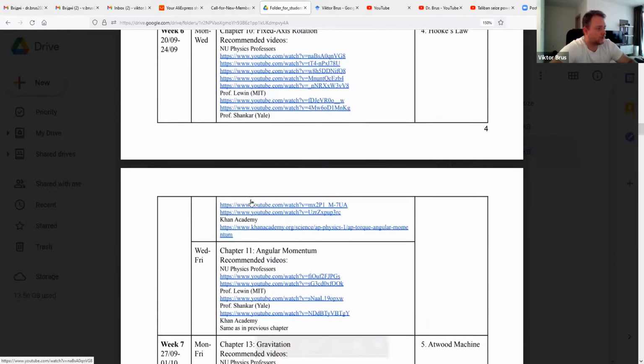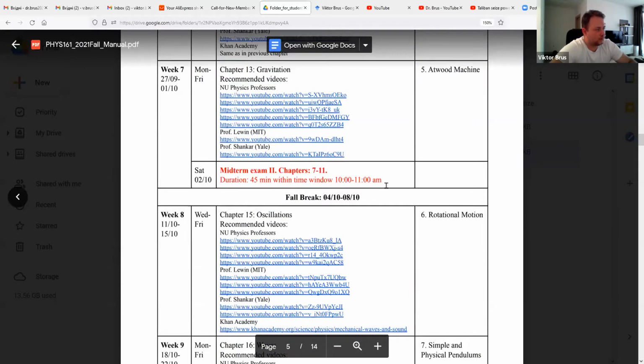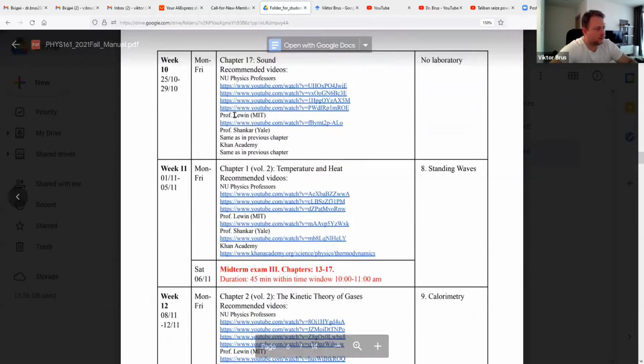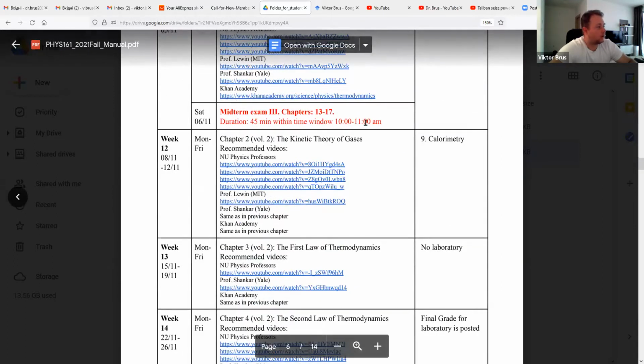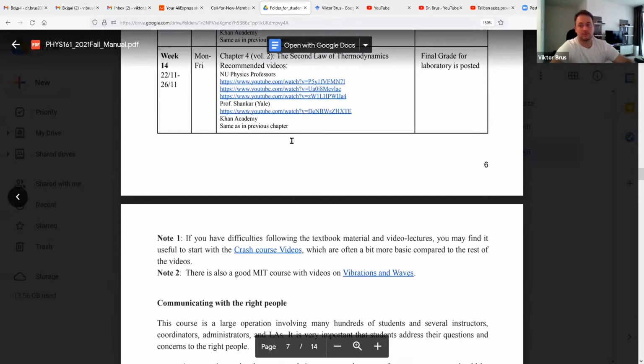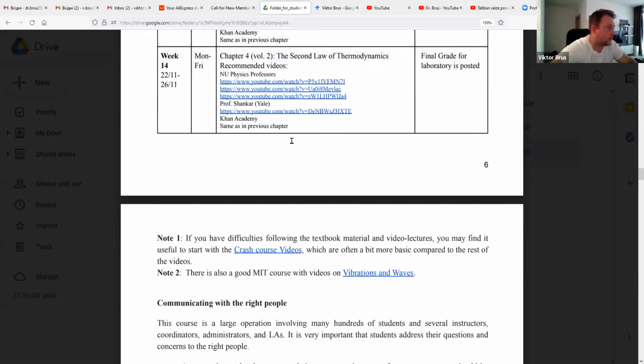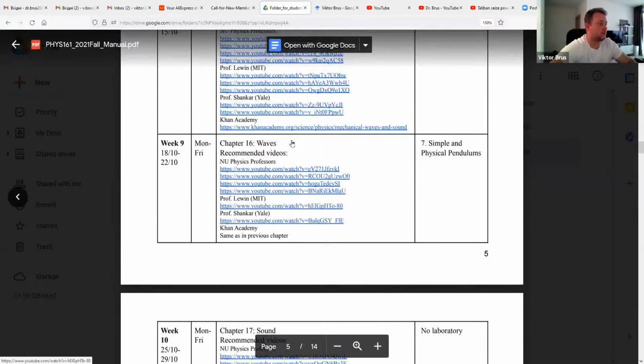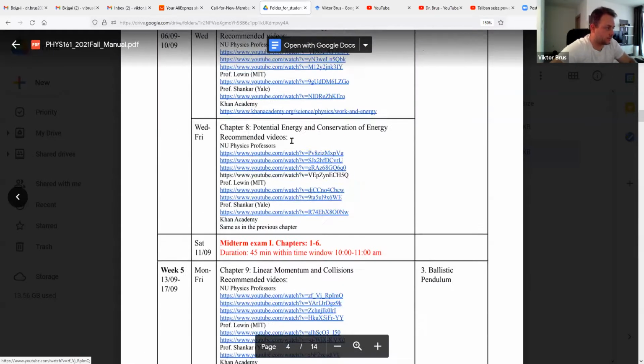So we will have 3 midterms. They all are scheduled here in this table. Final exam is not scheduled here because we still don't know exactly when it will be organized, so it will be known closer to the end of the course.